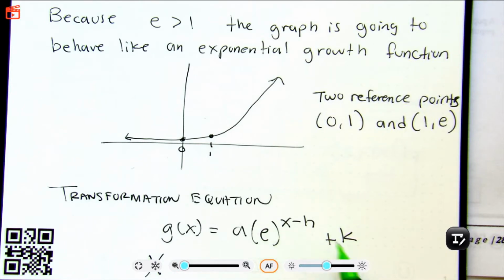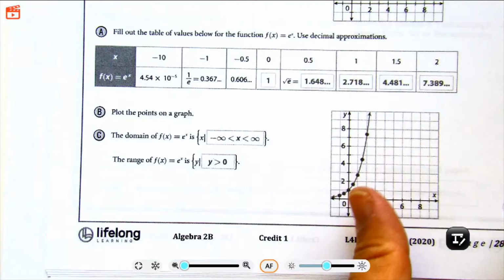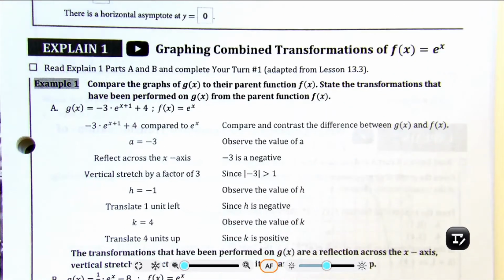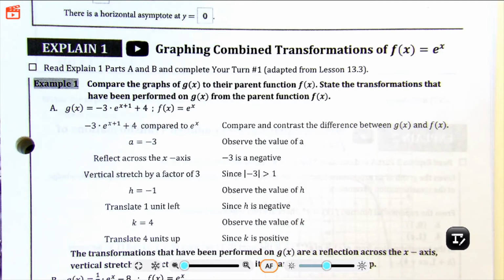Now a, h, and k do the same things as they did for exponential growth and exponential decay. We just have to remember what they do. So let's go on to comparing parent functions and transformation functions.